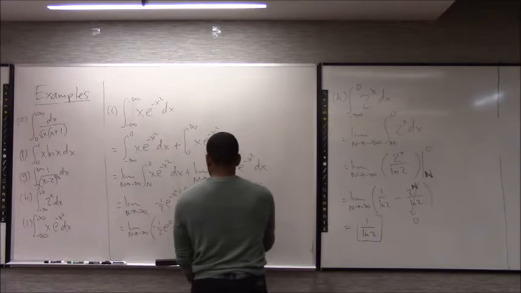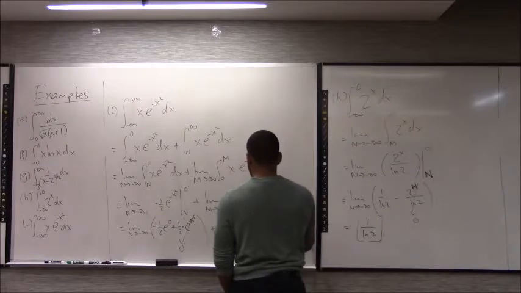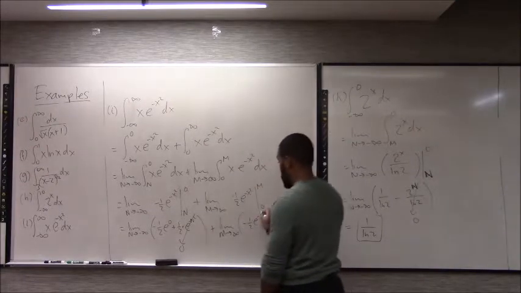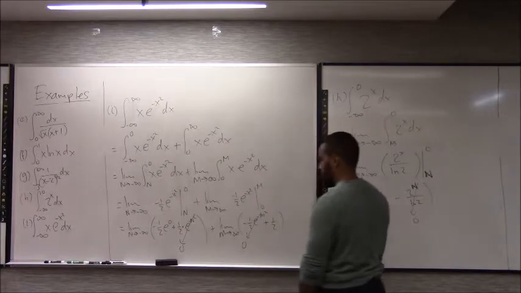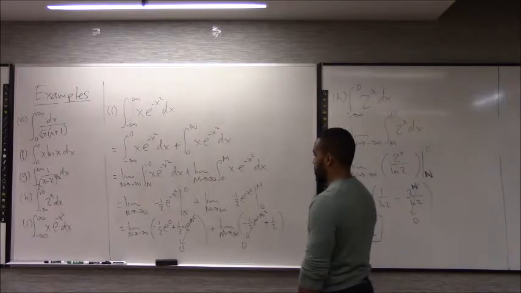And plus the limit of minus a half e to the minus m squared plus a half. For the same reason, this goes off to 0. So we end up with what here?